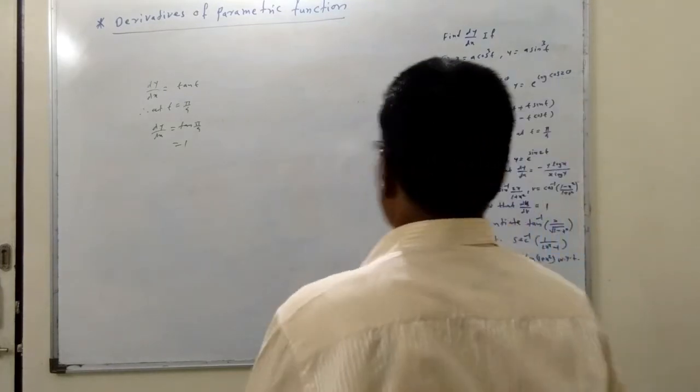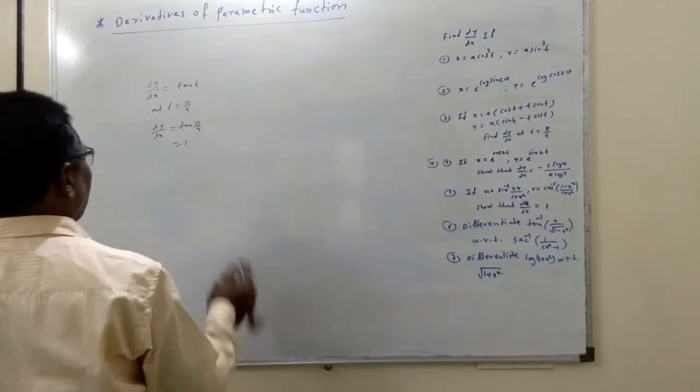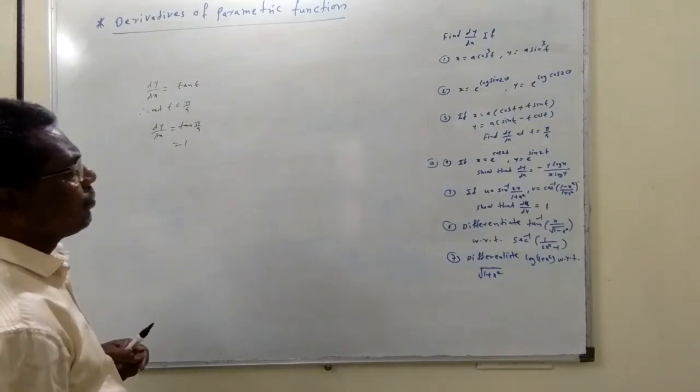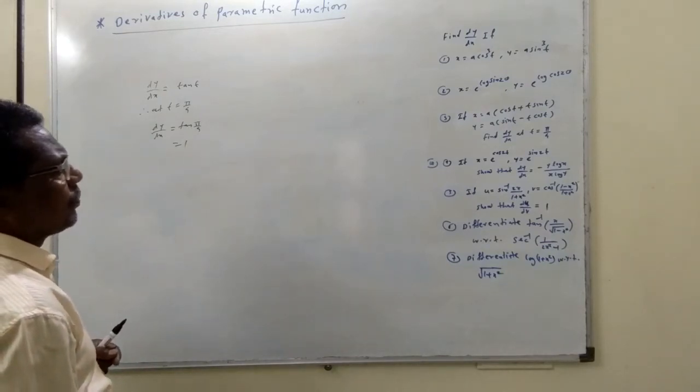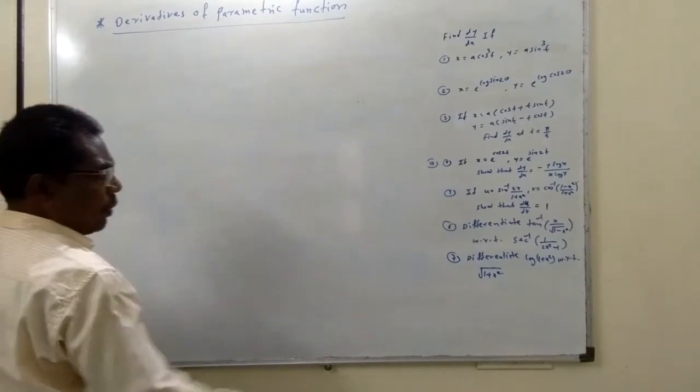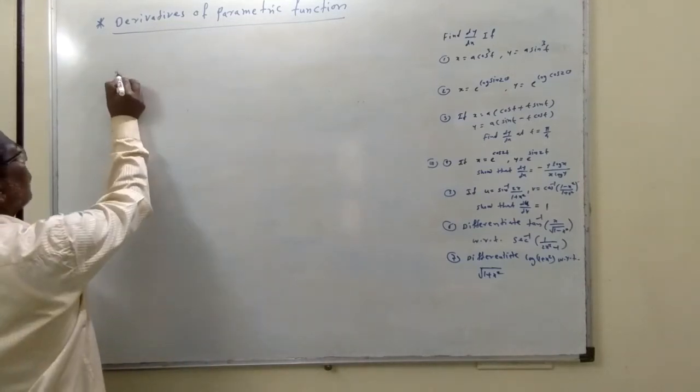So you want to find the value at t is equal to pi by 4, so we put that value in the derivative.